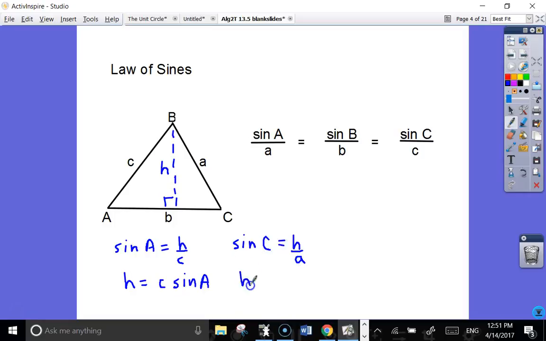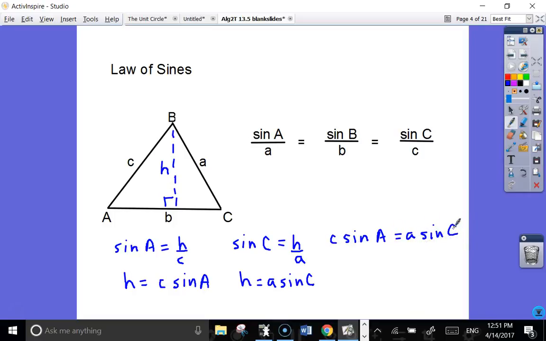So H equals a sine C. Okay, now since H equals c sine A and H equals a sine C, I can make an equation out of those two. c sine A equals a times the sine of C.